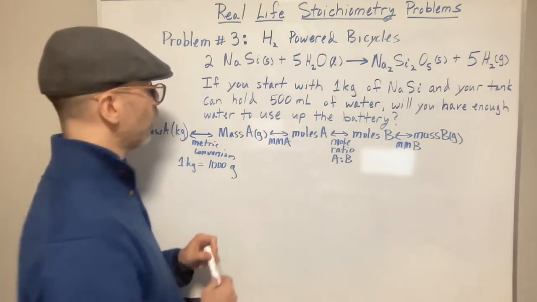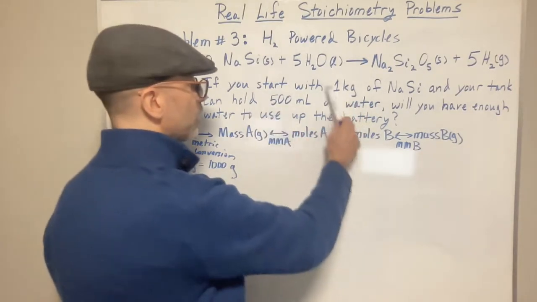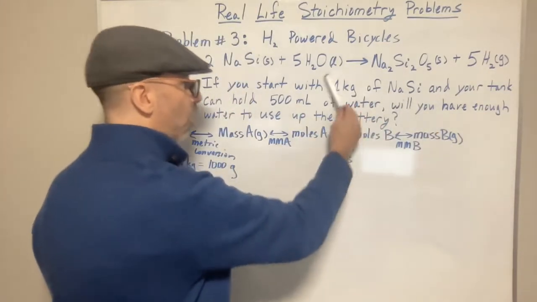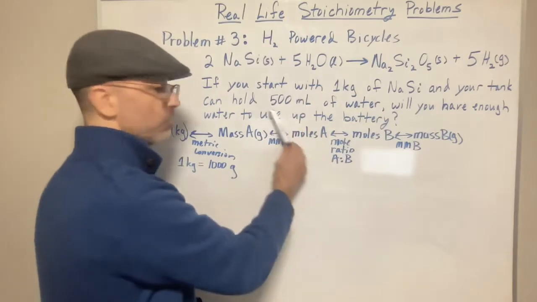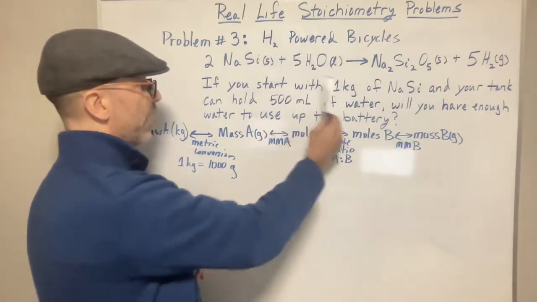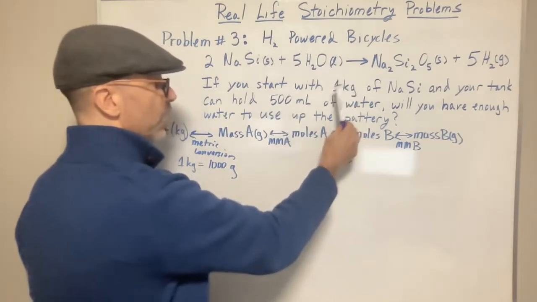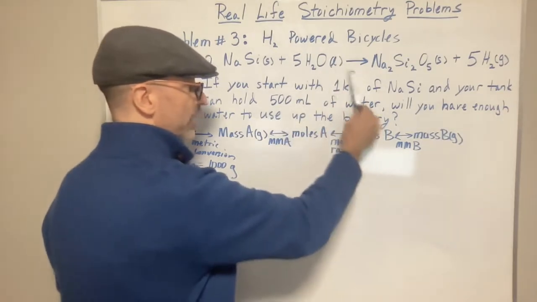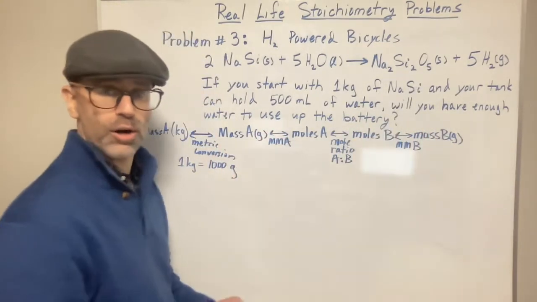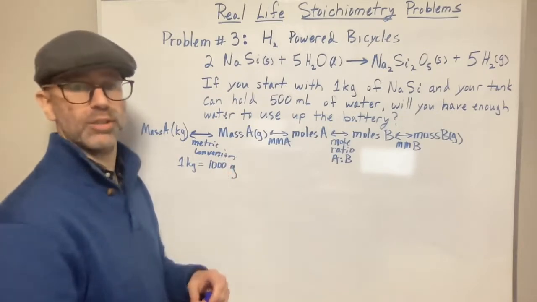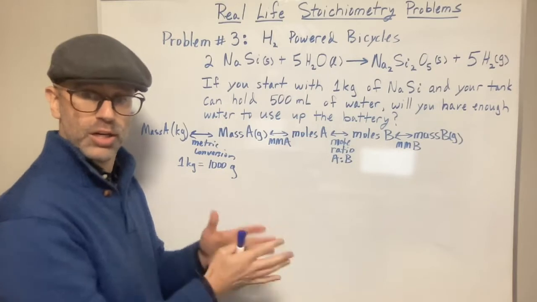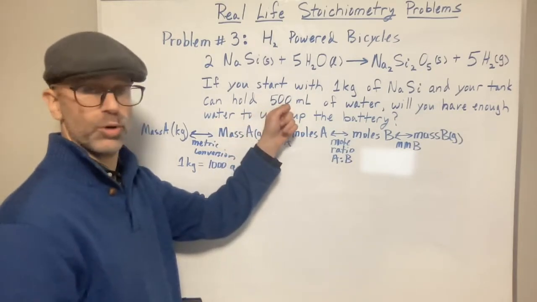So we want to start with the 1 kilogram of sodium silicide and see if all of this will react with all of the water. If we convert 1 kilogram of the sodium silicide into the amount of water that will react with it, then we can compare that amount of water to the amount of water we're given.